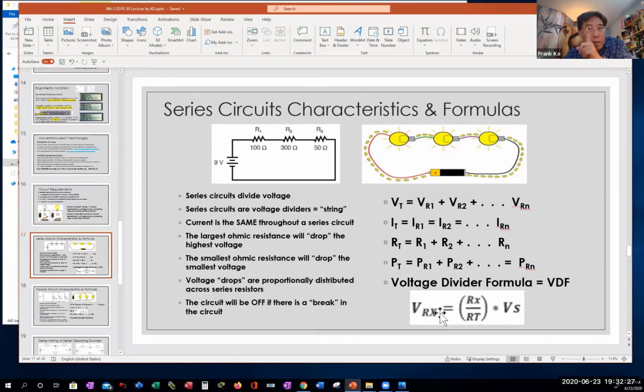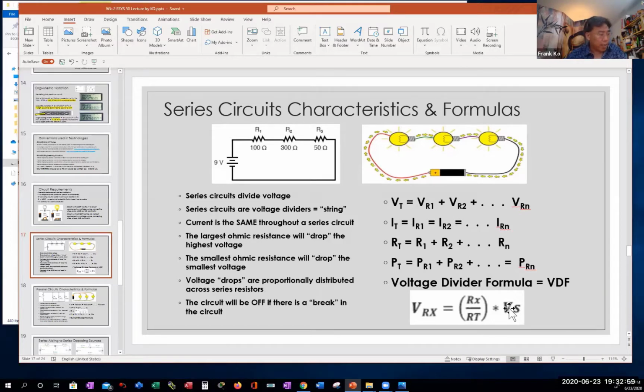If I want the voltage across the first resistor, VR1 is going to be equal to R1 over the total of ohms, and then multiplied by the source of 9 volts. So this would be in my fraction, 100 ohms over the total of 450. So 100 divided by 450 times 9.